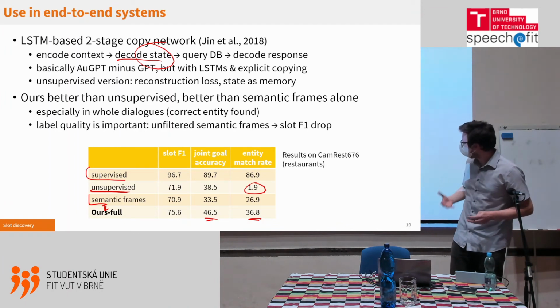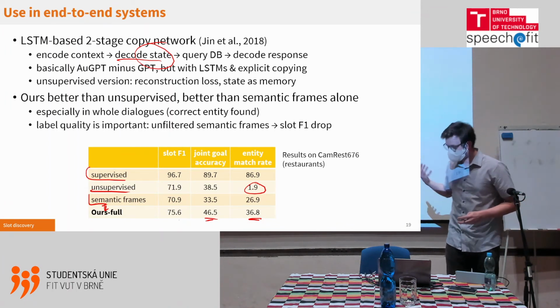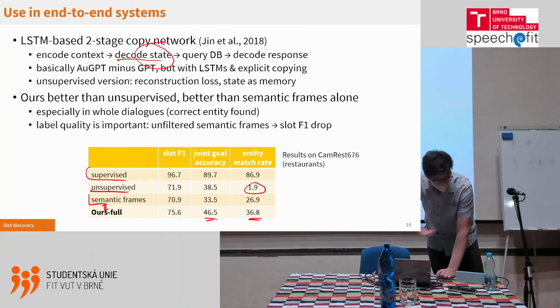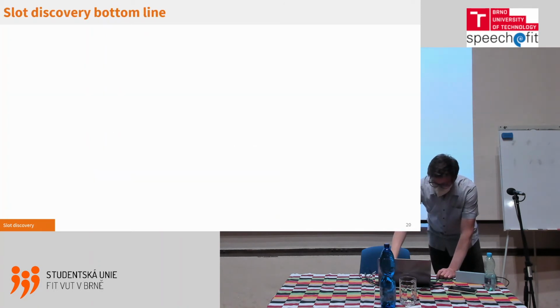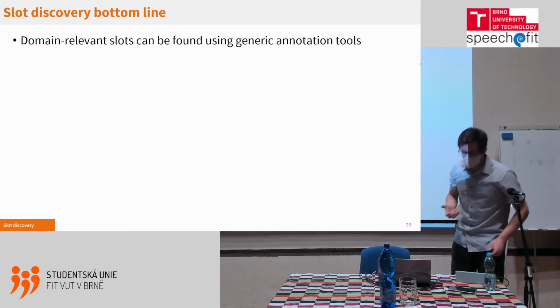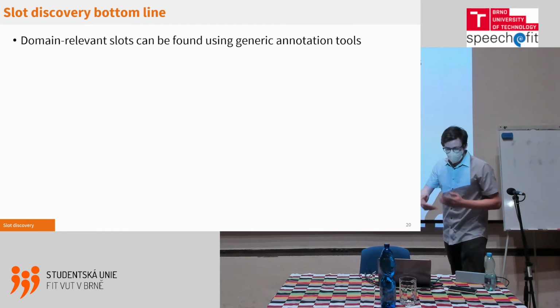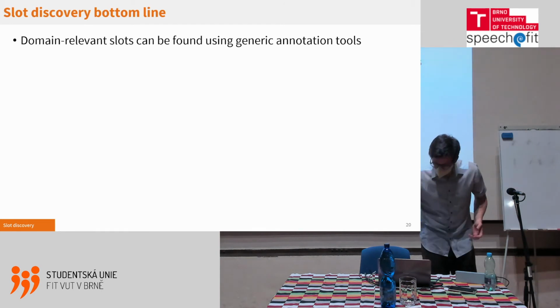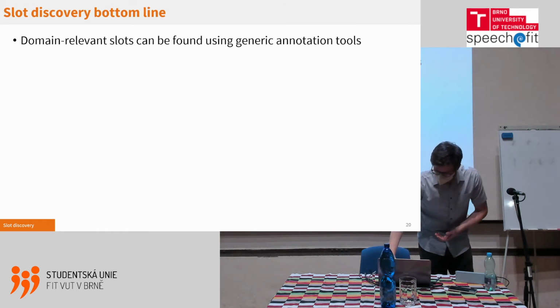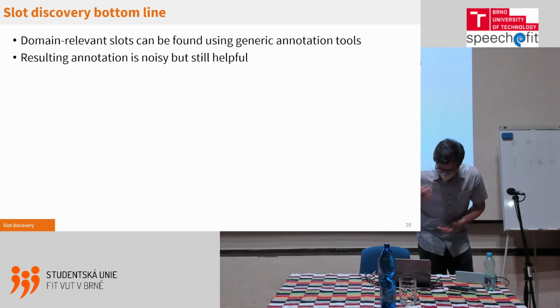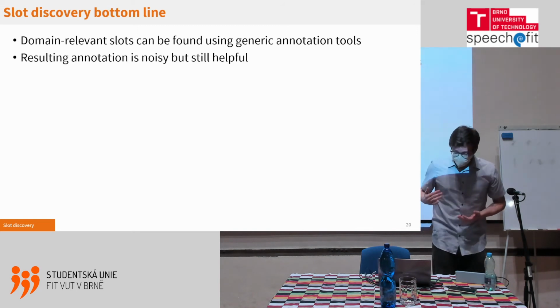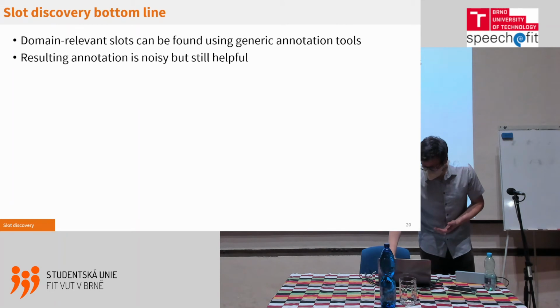We definitely improved over the unsupervised methods. Obviously, we were not able to match the supervised ones. But the thing is that you can find relevant dialog slots or attributes for your dialogues using processing of generic linguistic annotation. And the annotation is noisy, but can still be helpful.